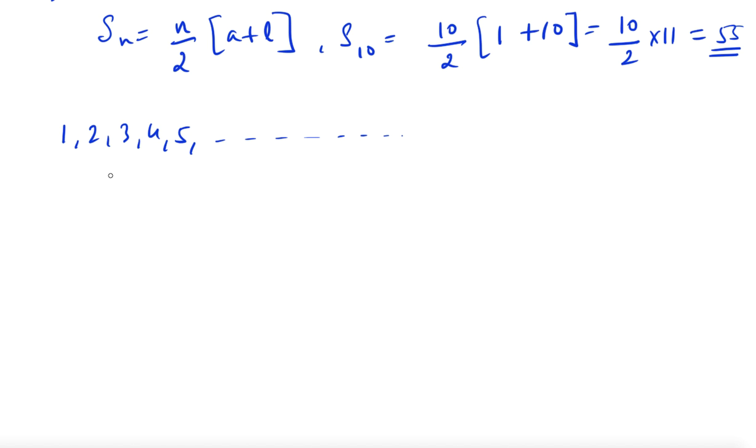In that case you don't know the last term, so you can directly use the first form of the formula. If you know the last term, then good enough, you can directly use this and calculate. So I hope this clears what the formula of the sum of n terms of an AP is. In many cases, the questions will be like find the sum of 20 terms, find the sum up to 30 terms, like that.